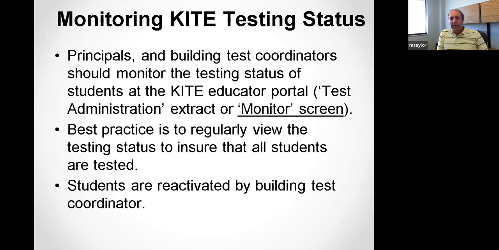You will get a list of every test in your building. Click on that blue link, and it will pop open a window with 2 tabs. It defaults to the Students tab. What you want to do is click on the Monitor tab and go find that student. Every single one of those little circles is a question, and it should be darkened if it's been answered. If not, have them go back in there and answer the questions.